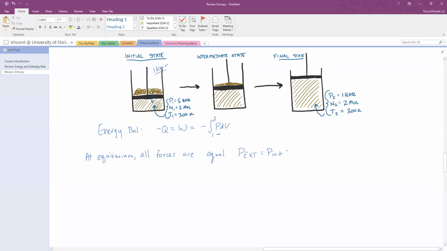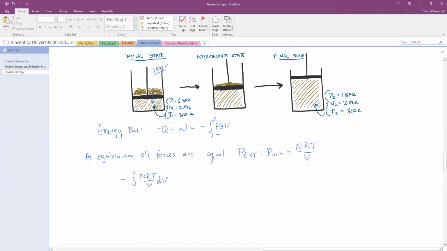So I'm going to use the ideal gas law and say that the internal pressure is equal to the moles inside times R times T, and T is constant, so all constants divided by V, and this V is also changing in time. So integral of minus P dV is nRT over V dV. nRT is constant.